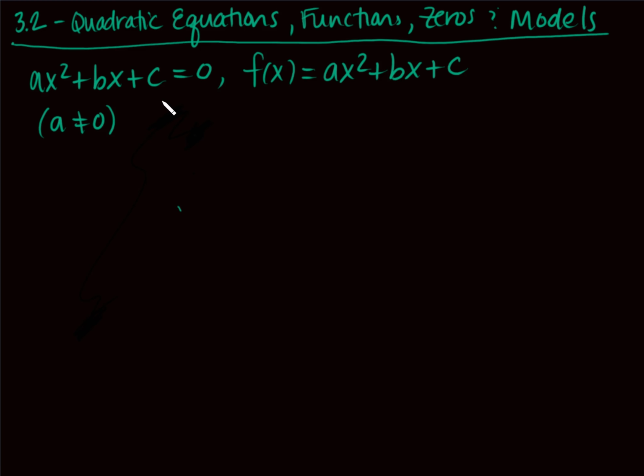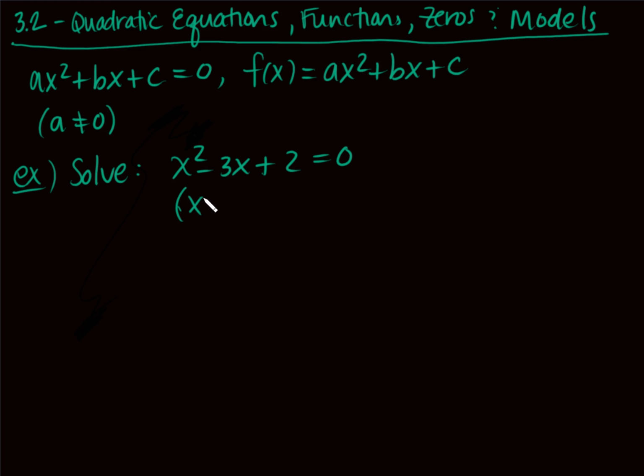So I don't want to spend too much time talking about solving by factoring. Let's do one quick example. If I can factor something, of course, I would want to solve it by factoring.